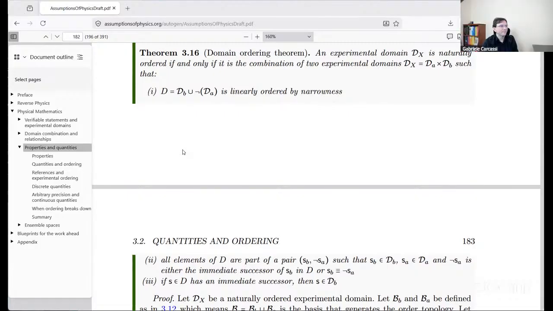All elements of D are part of a pair, SB and negation SA, such that SB is in DB and SA is in DA, and the negation is either the immediate successor of SB in D, or SB is already equivalent to the negation of SA. And if S in D has an immediate successor, then it is in DB.